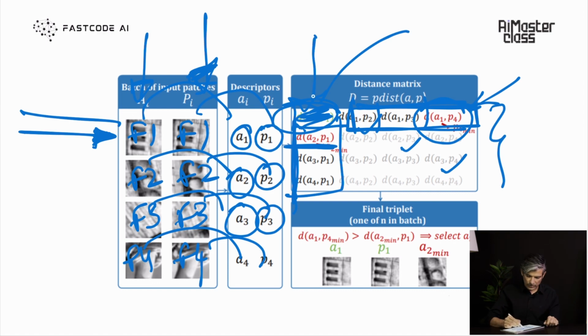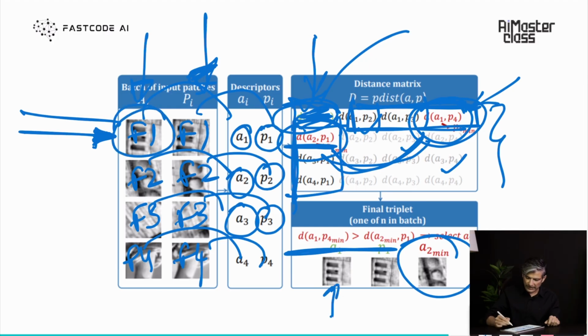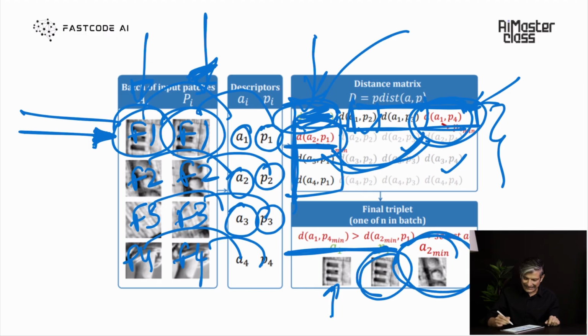So through this row, we got this one. For the column, we got this one. And then between these two, we compare which one is still harder. And then we found out that, okay, A2 is harder. And so we then took A2. So then my triplet becomes obviously this which is already there, this which is already there, and this A2, right?